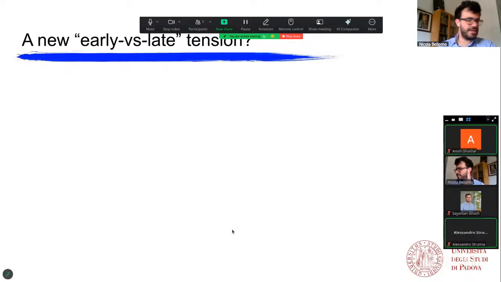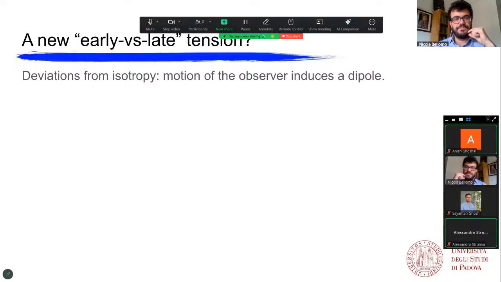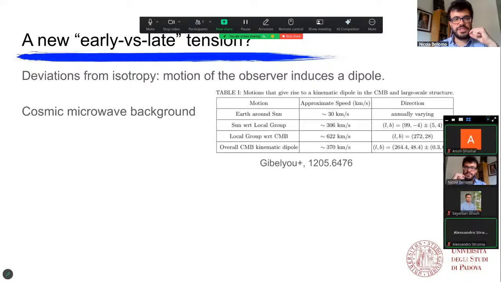So why do we care about kinetic anisotropies? Well, in current observations, apart from the very famous H0 tension, that is, the tension due to the different measurements of the value of H0, we have a different sort of tension, which is the dipole tension.